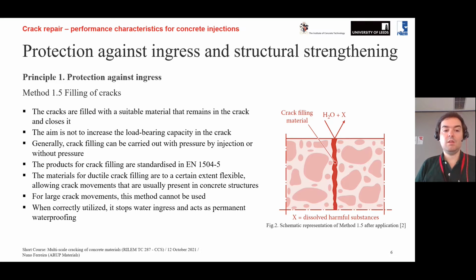But if we're talking about a big joint, large crack movements are not really the case, so we need to use other methods. But when correctly utilized, it actually prevents water from entering the structure and can act as a permanent waterproofing. The fundamental characteristic of these products is that they allow reinjection over time.